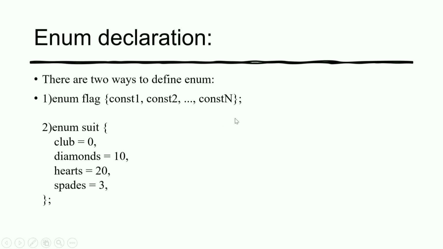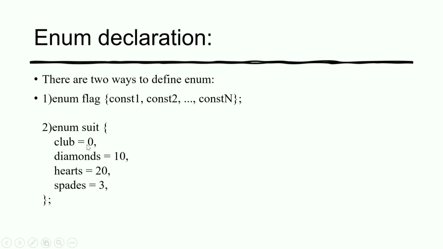If we want to store modified integral values, we can use assignment operator and we can initialize. For example, here enum keyword followed by variable name suite, opening brace, club is equal to 0, diamonds is equal to 10, hearts is equal to 20, spades is equal to 3, closing brace followed by semicolon.